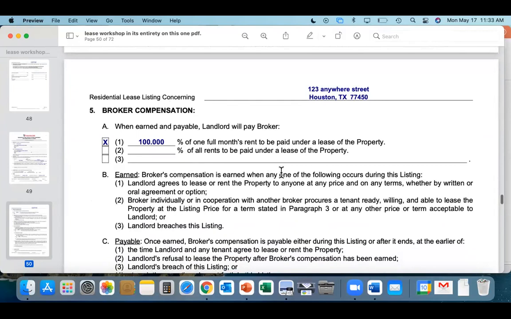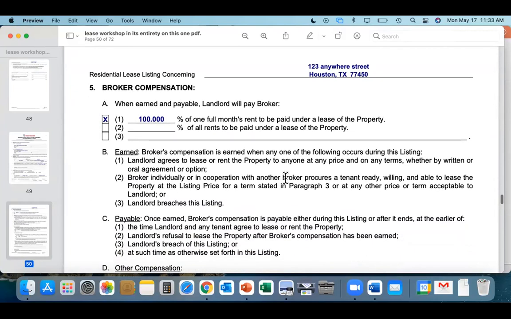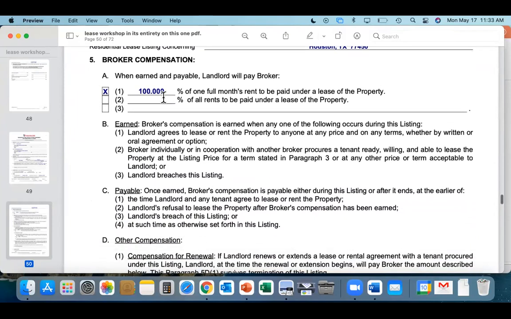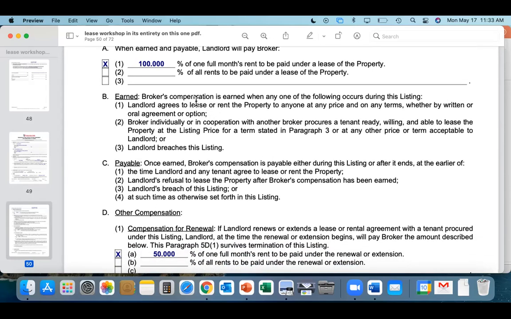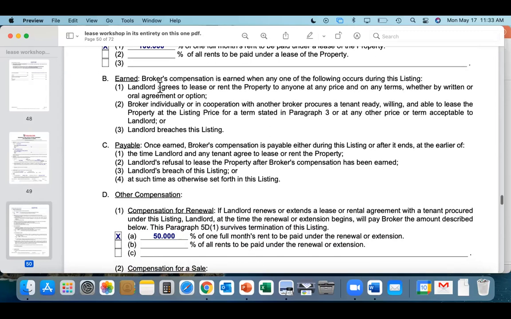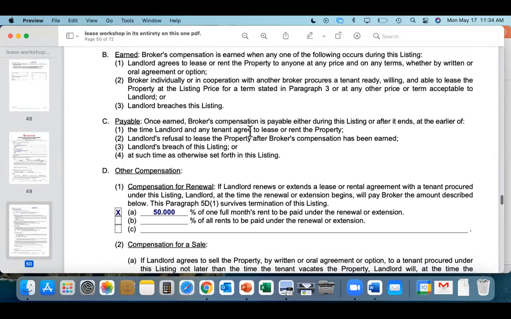This is broker compensation. When earned and payable, the landlord will pay the broker. We mark typically 100% of 1 full month's rent to be paid under a lease of the property. Broker's compensation is earned when any of the following occurs during this listing: the landlord agrees to lease or rent the property to anyone at any price on any terms; the broker, individually or in cooperation with another broker, procures a tenant ready, willing, and able to lease; or the landlord breaches this listing.